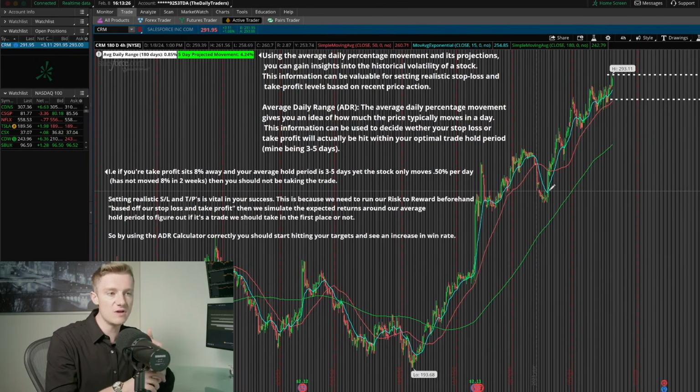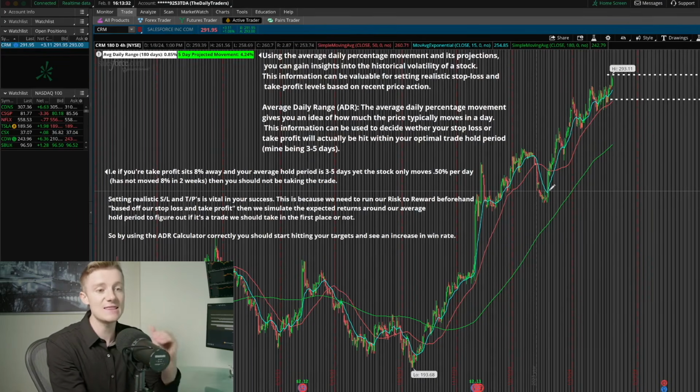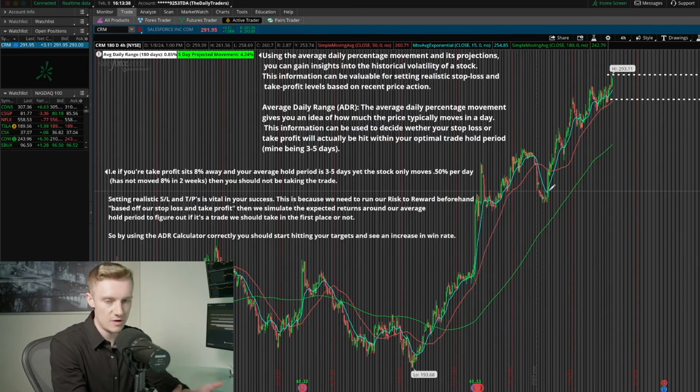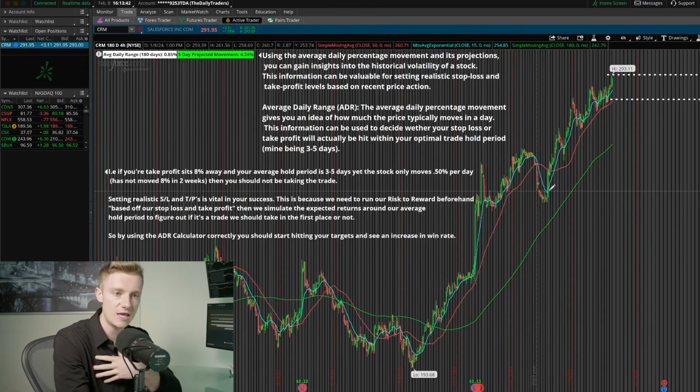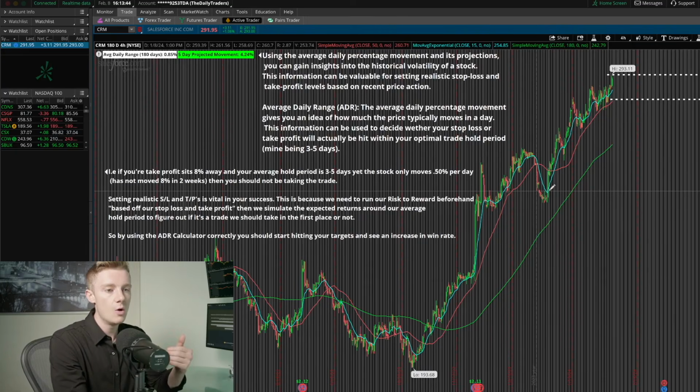Whether that is a moving average or a support and resistance level, a key level, maybe you're just looking at the candlesticks and you're setting that target that you're looking to hit or looking at that point to get out of the trade, right, based off of that trade specifically. The problem is traders, including myself in the beginning when I didn't have this tool, we tend to set unrealistic targets. Now I'm going to explain what I mean by that.